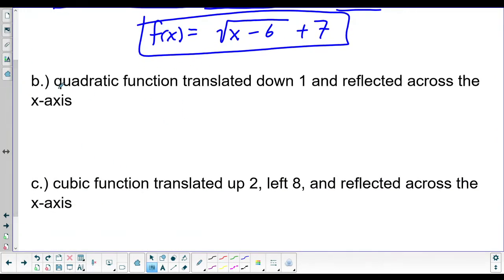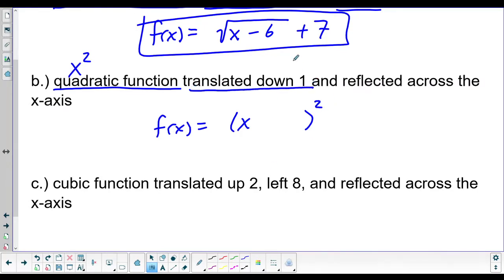All right. A quadratic function, so f of x equals, remember the word quadratic means x squared. So we're going to put some parentheses, put an x on the inside, and put a squared on it. Translated down 1. This is a k value because up and down is k. So we're going to put a minus 1 at the end. And reflected across the x-axis.